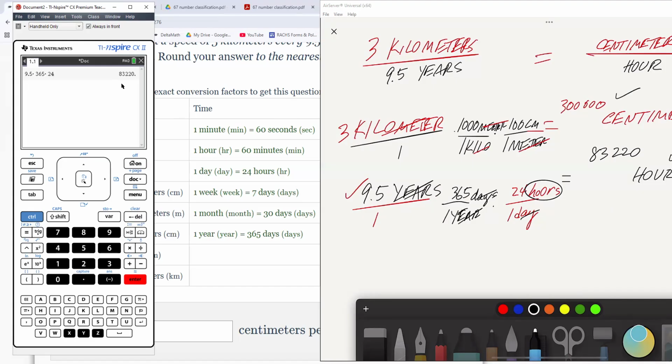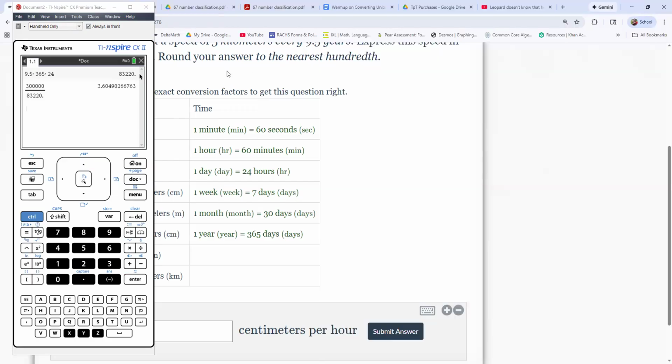Now if we want to know the centimeters per hour, we're just going to divide centimeters by hours and we'll have our answer. So I'm going to do 300,000 divided by 83,220, and that is 3.6049, and so on. This wants us to round to the nearest hundredth, so that means 2 decimal places.